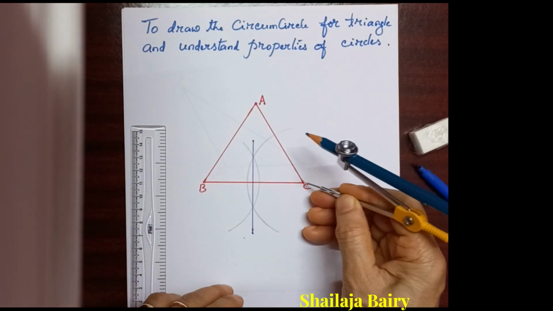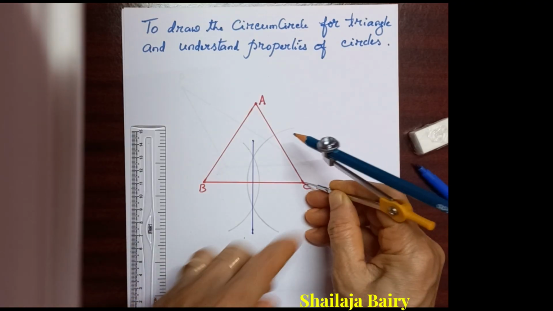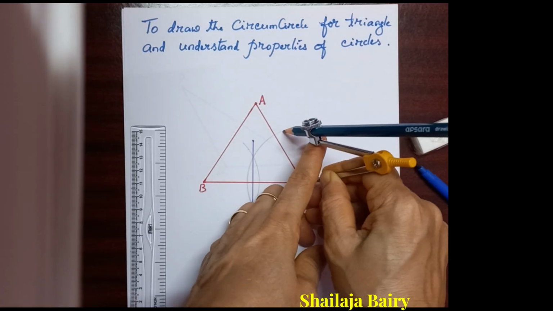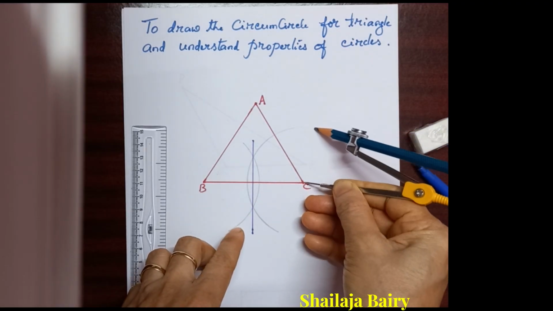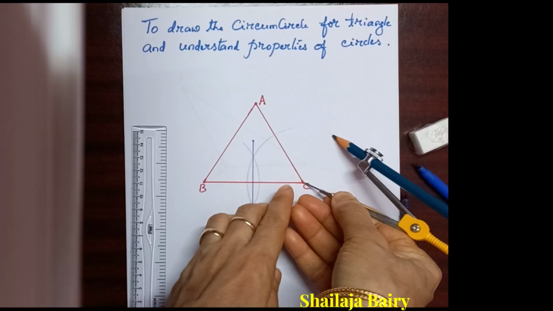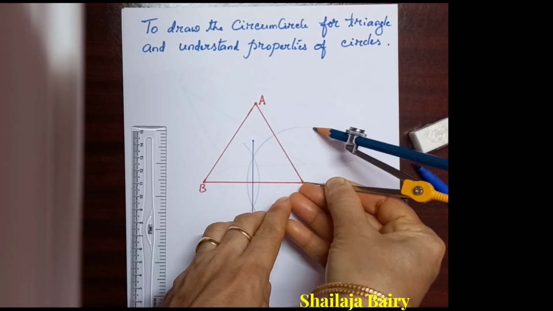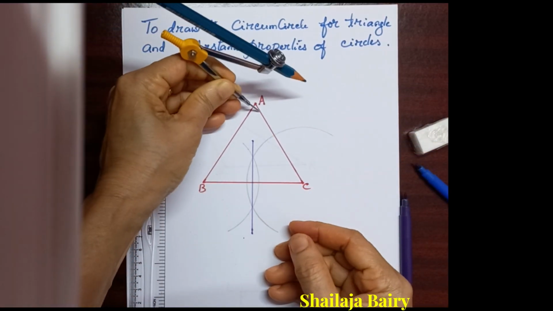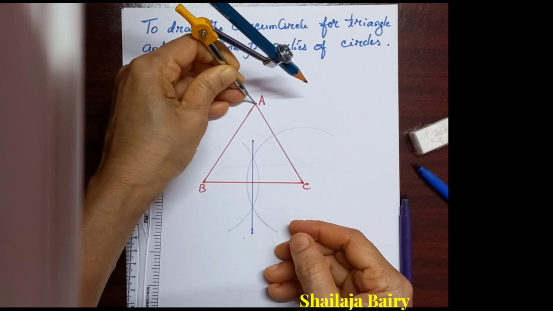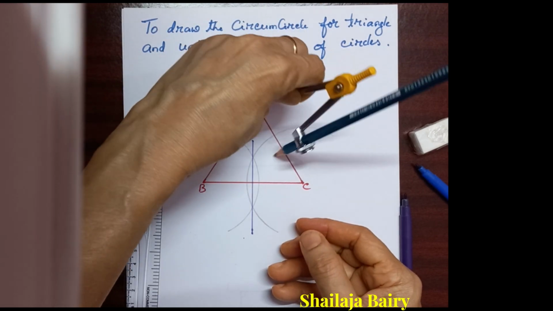Now let me draw the perpendicular bisector of AC with more than half radius. Draw the arc.